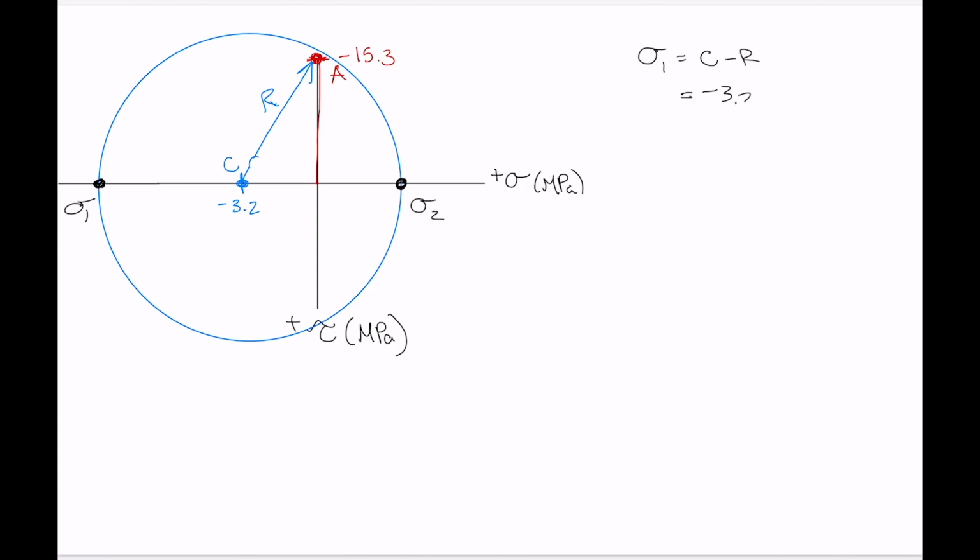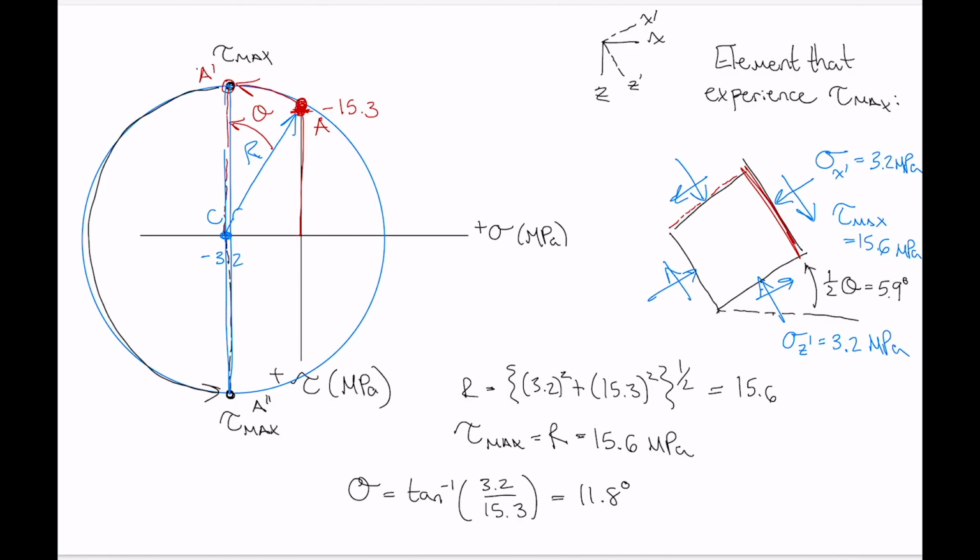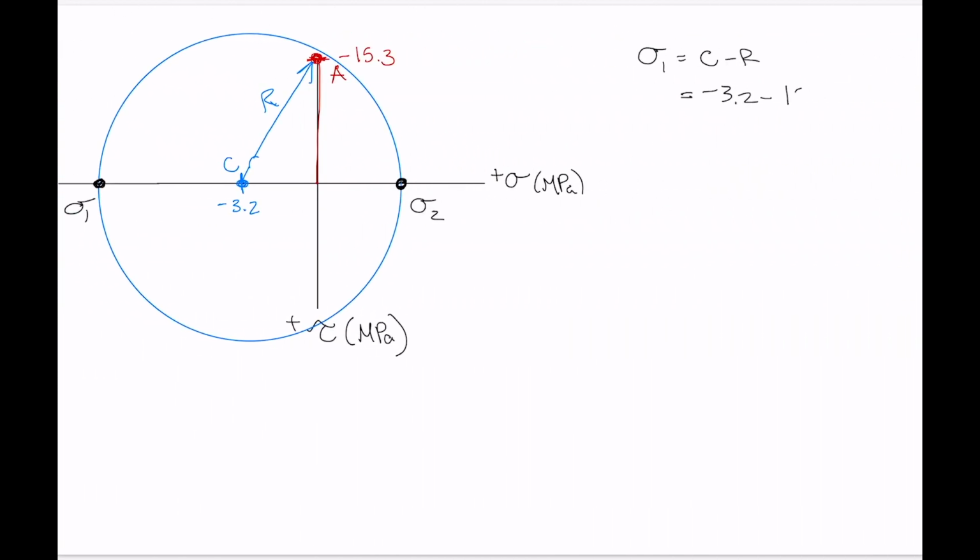Minus 3.2 subtract our radius, which had a value of 15.6, and that gives us minus 18.8 megapascals. And then sigma 2 here is just our center point plus the radius, minus 3.2 plus 15.6 gives us 12.4 megapascals.